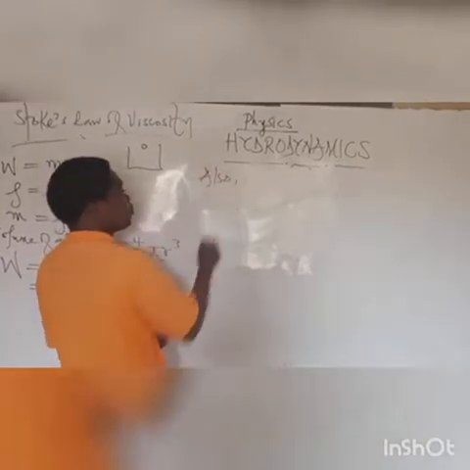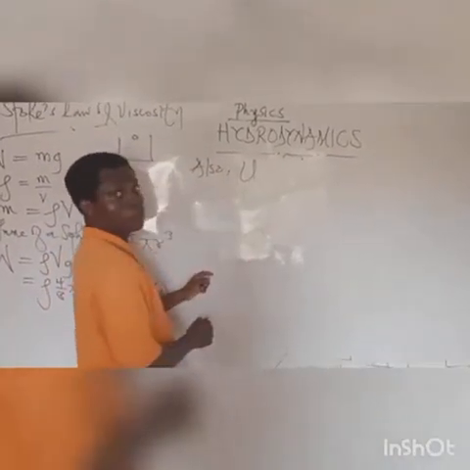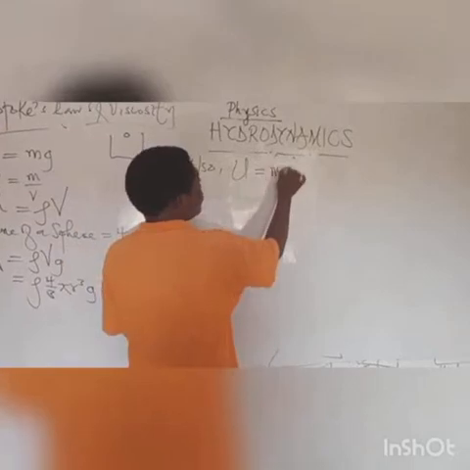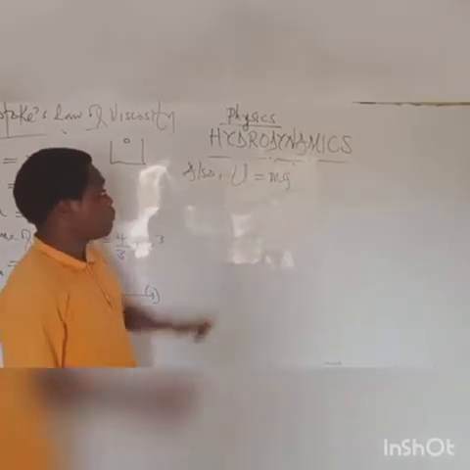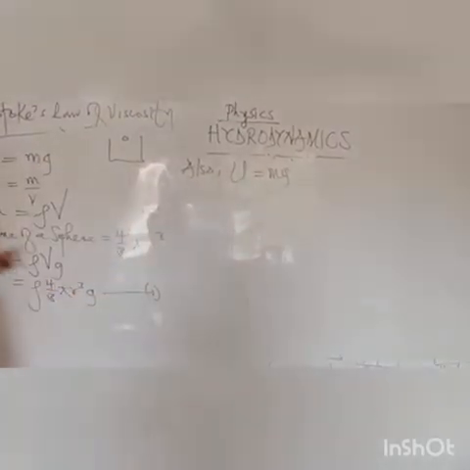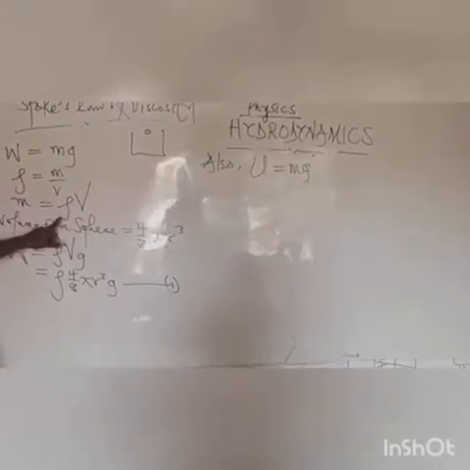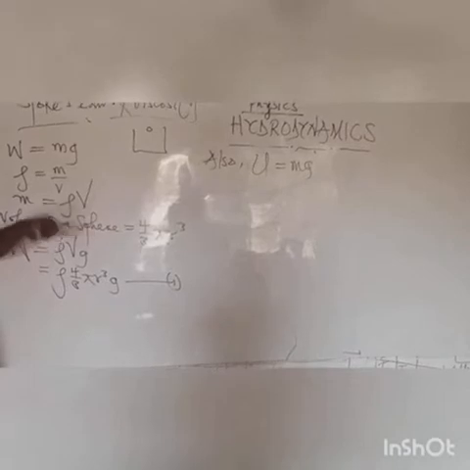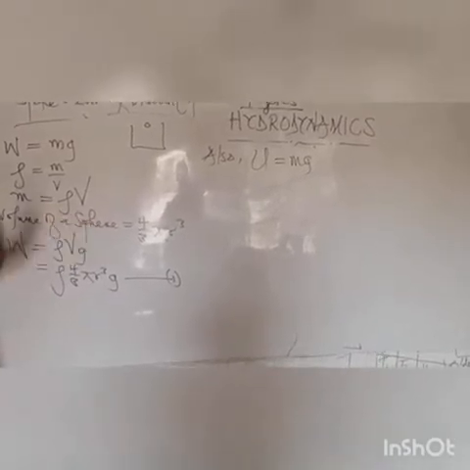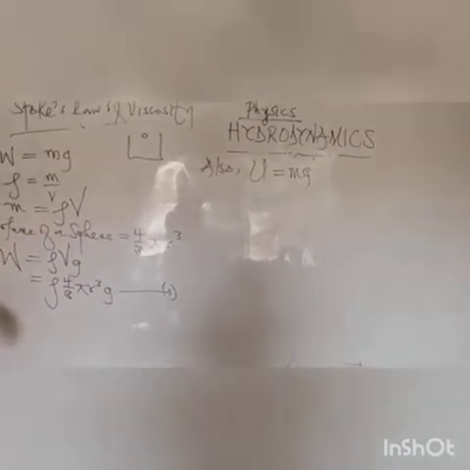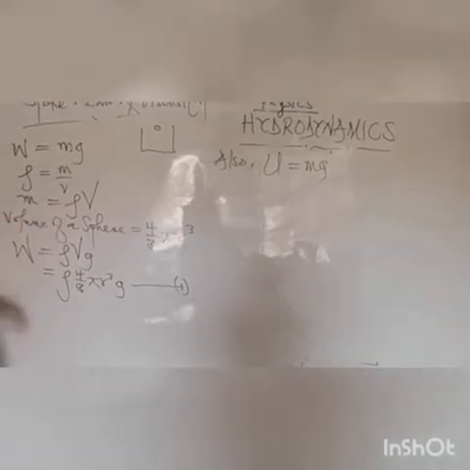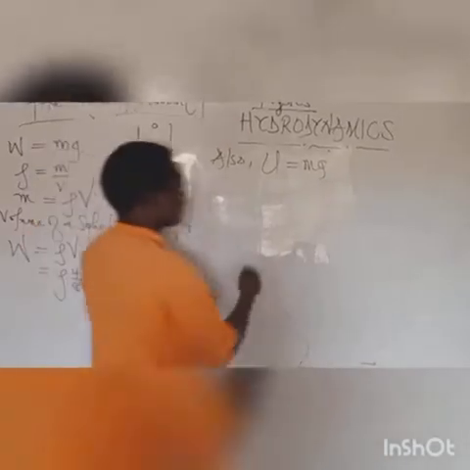Also, upthrust is equal to mg. Now, by the time you convert m to a term involving density and volume, you still get this. But mind you, to differentiate the density of the solid that is falling in the liquid from the density of the liquid or fluid, we use another sign for density.